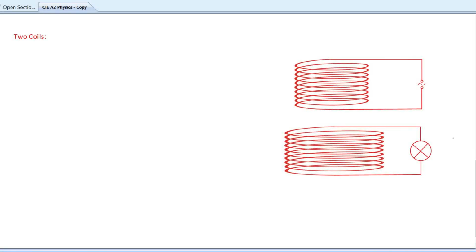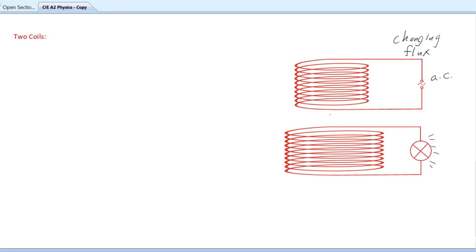Okay. Now let's see what happens if you bring two coils next to each other, one carrying an alternating current, so there is a changing magnetic field, or a changing flux. This will induce an EMF in this coil, and you will find that if this coil is connected to a lamp, the lamp keeps switching on and off according to the frequency of the AC.